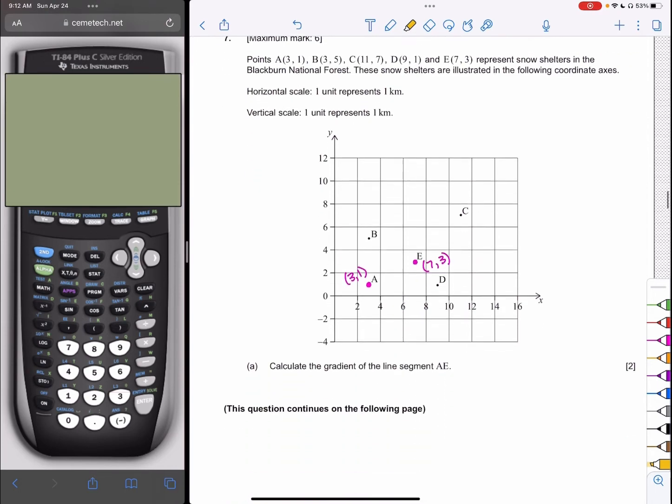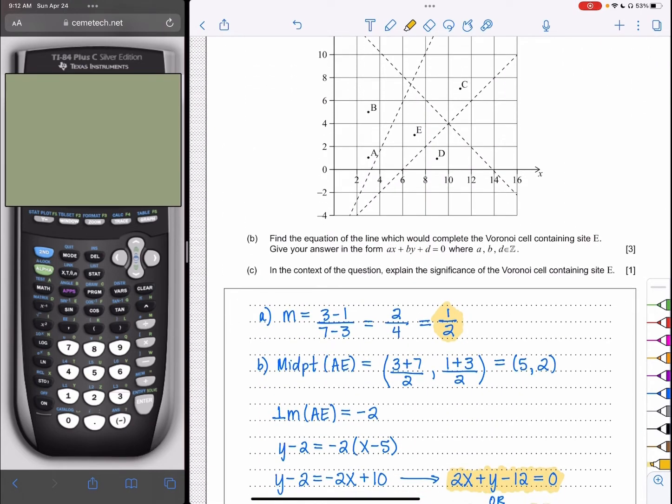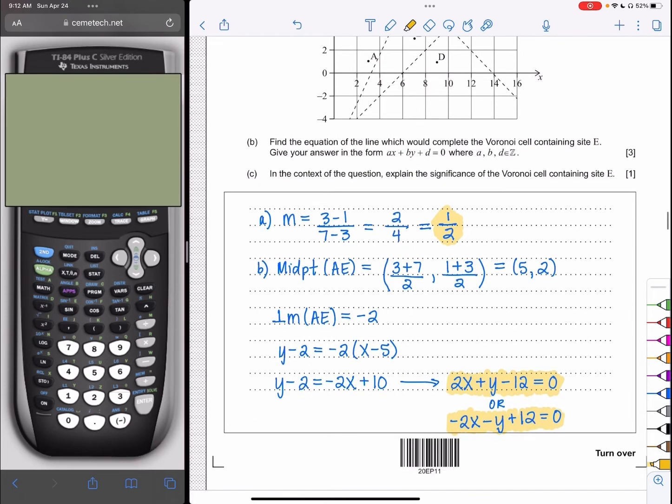So for the Voronoi cell containing site E, we could say that every point in that cell is going to be closer to site E than any other snow shelter. Let me just move this a little bit so that I can have room to write my part C.